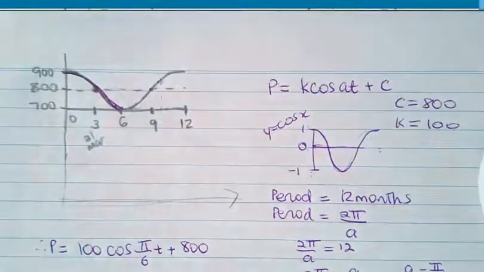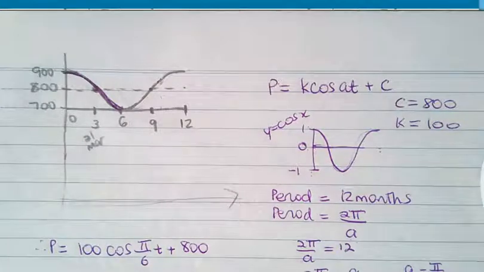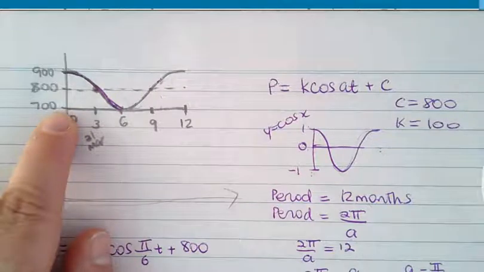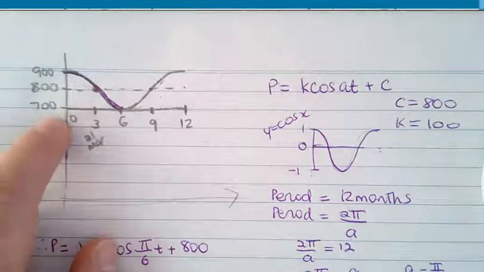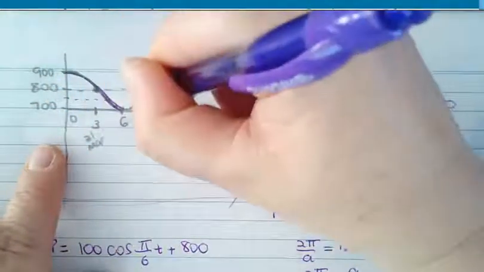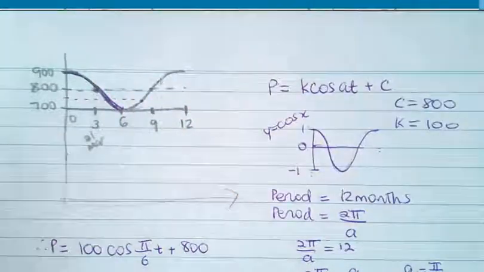Okay. The other type of question could be, in which months does the population of the penguins drop below 850 or something, or drop below 750? That could be a question. So when does the population of penguins drop below 750? That's when you've got to solve for these values, and in which quadrants are you in?